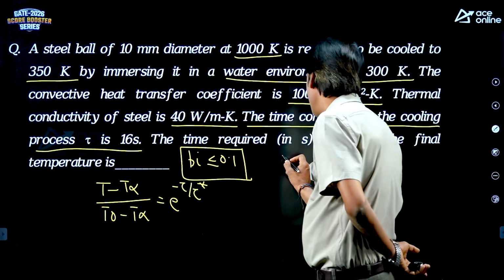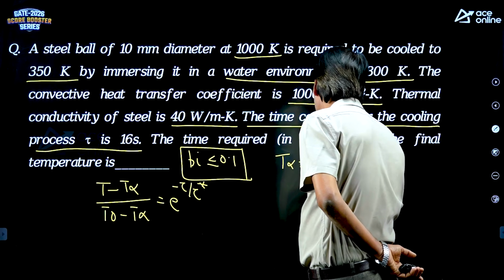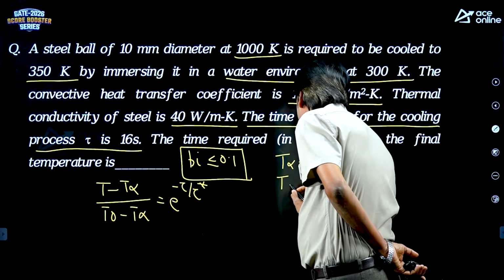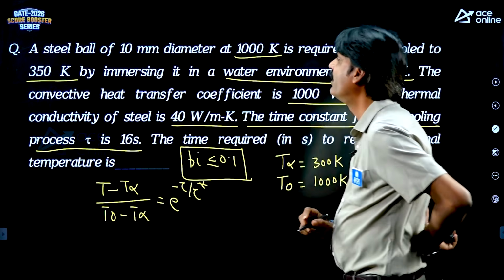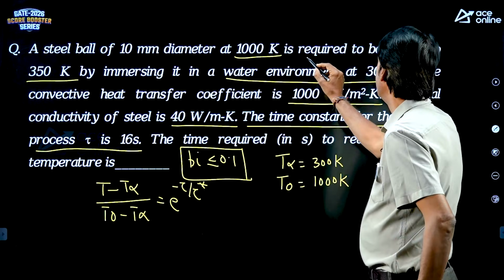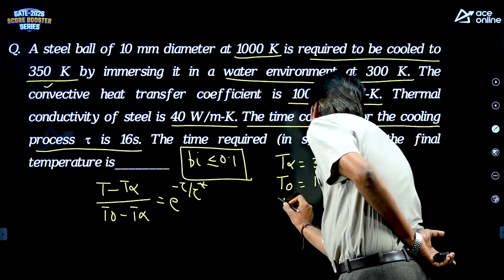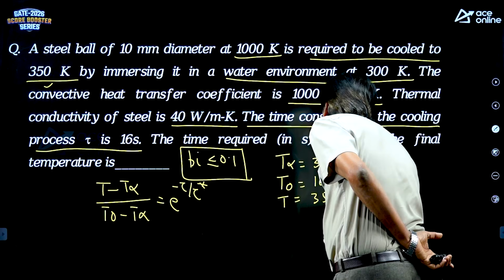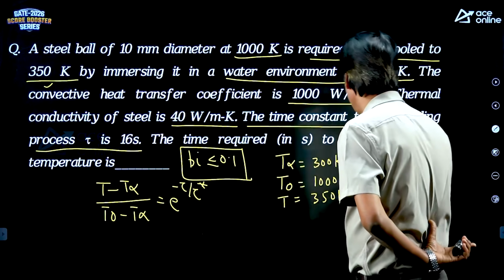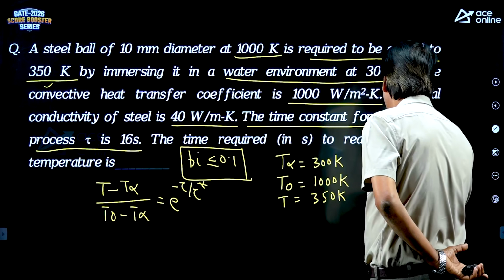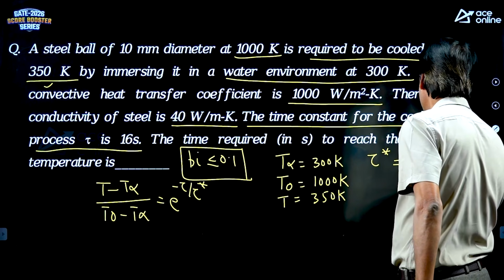Let us see. He is saying that ambient is 300 Kelvin. Initially, it is at a temperature of 1000 Kelvin. So, it is required to be cooled to 350. So, T is equal to 350. And he has given the thermal time constant tau star value as 16 seconds.